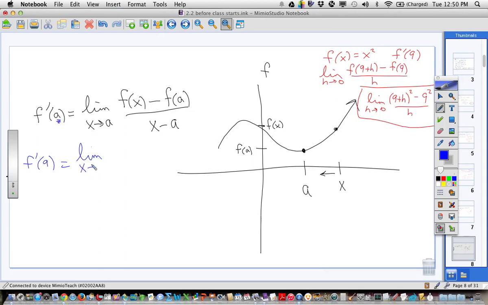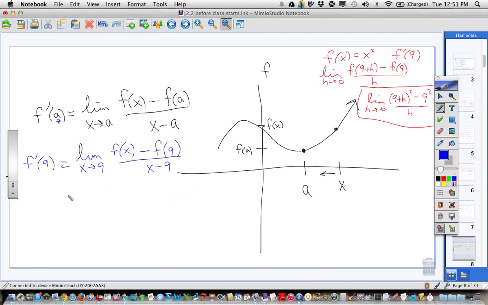as x approaches 9. What would I put in for f of x? No. What's f of x? X squared, right? Now, oh, I see. If we just want to leave it f of x, that's fine. We could go f of x minus f of 9 over x minus 9, right?